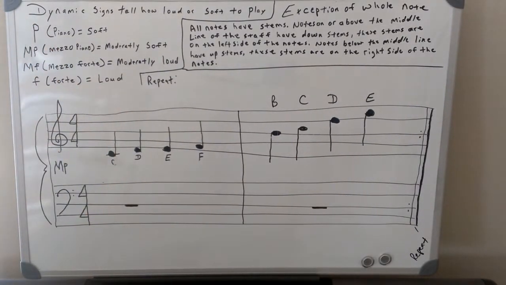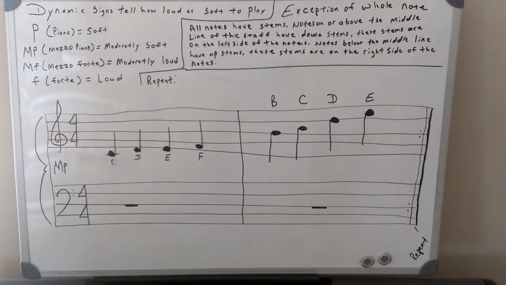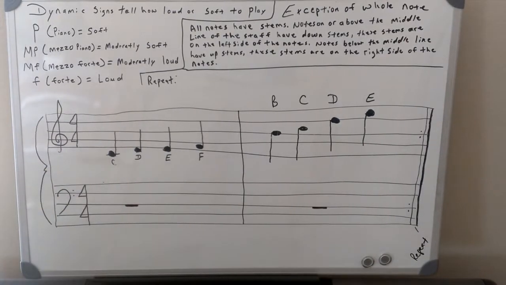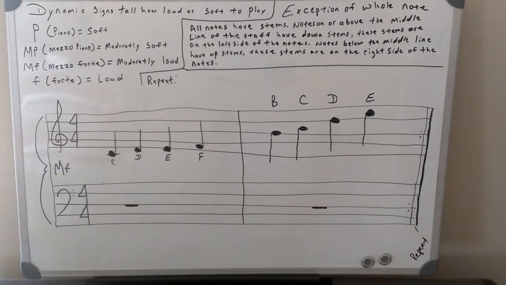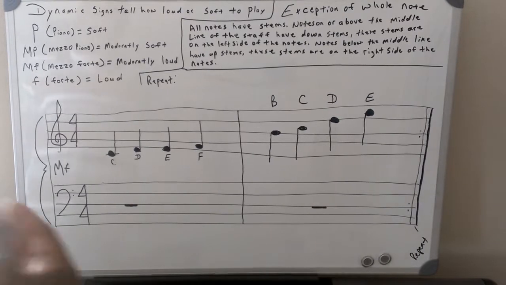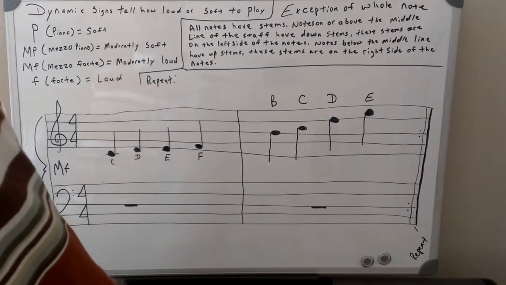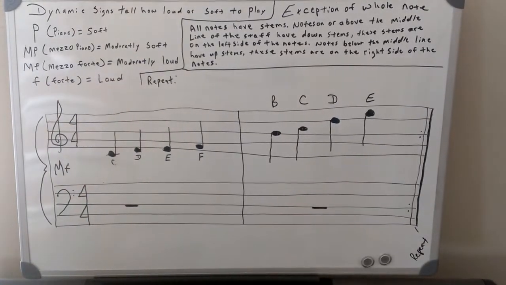Again, it's the volume of the sound. Moderately soft is a little louder than soft. And you have MF, again, moderately loud. Okay.